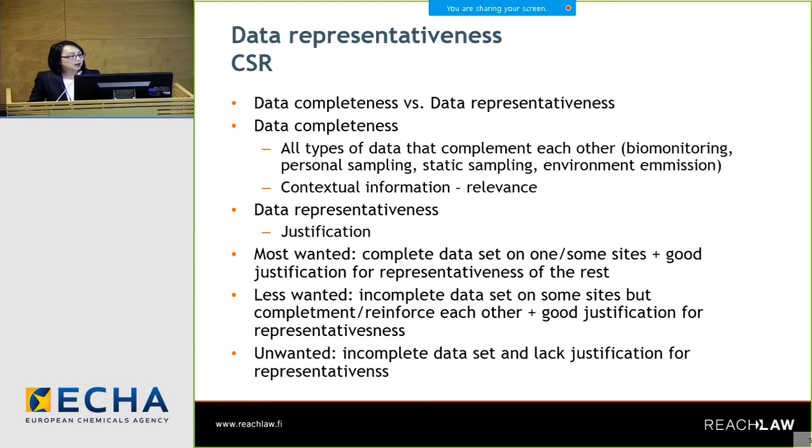The less wanted is that you don't have a complete data set on some sites, but for example, you have biomonitoring from 3 sites, and then you have air sampling from another 4 companies. If they can confirm each other, sometimes it works, because we have seen in the opinion where they say that this brings uncertainty.